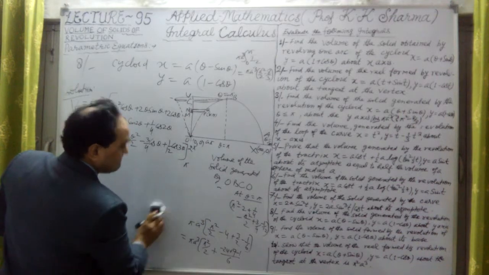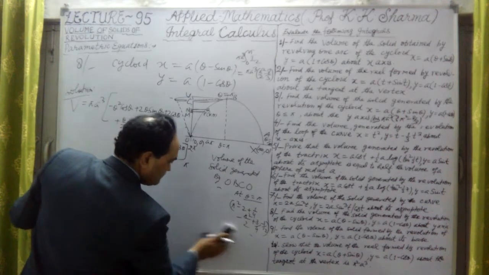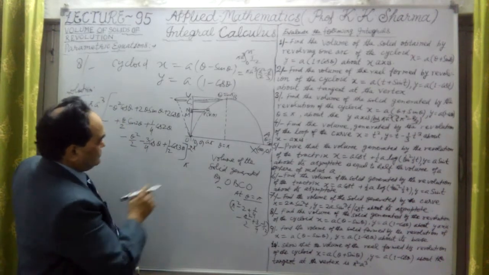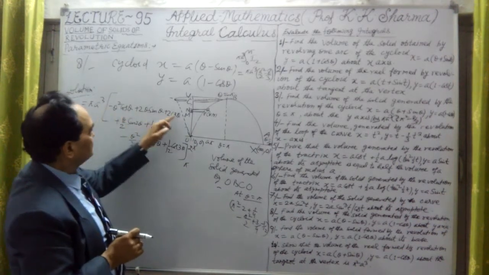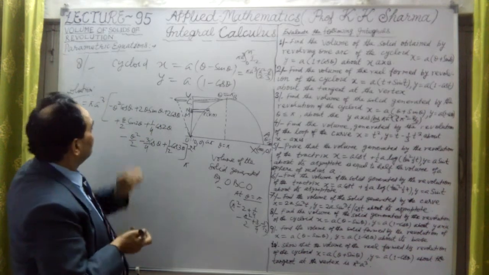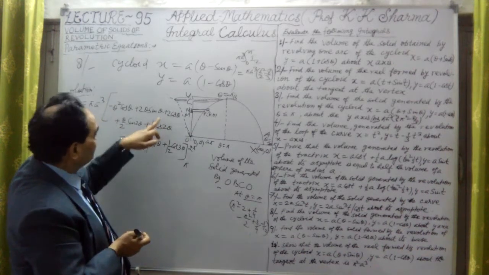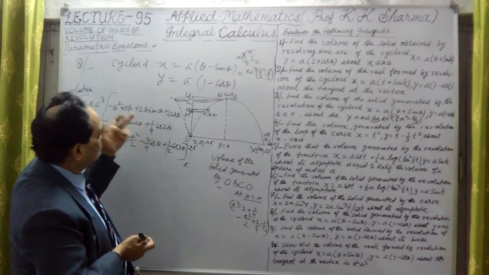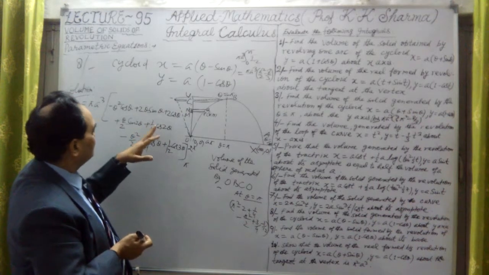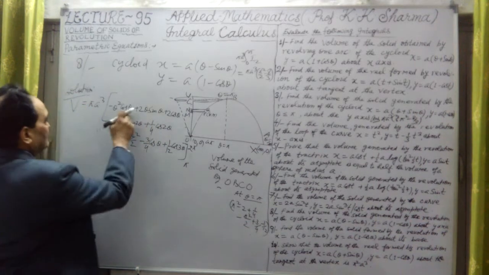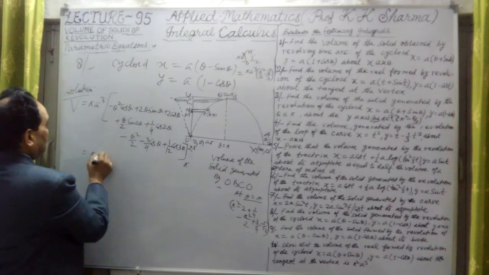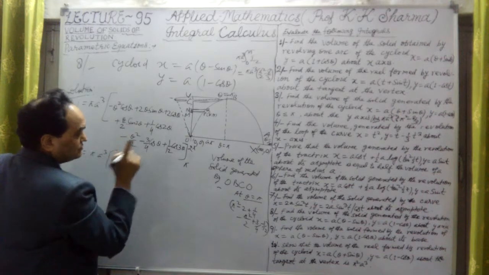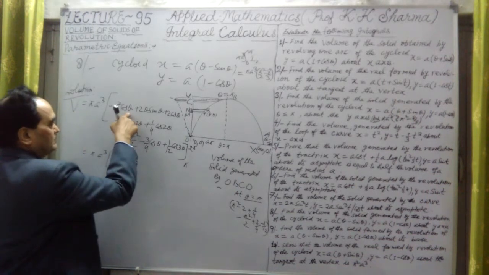Okay, so this whole value we have calculated. Now second point, 2π, if I substitute in this limit. So wherever sine is coming, that will be 0, because sin 2π, sin 4π, whatever nπ, sin nπ is 0. Now in first case, it is πa³ minus, okay, cos 2π is plus 1.